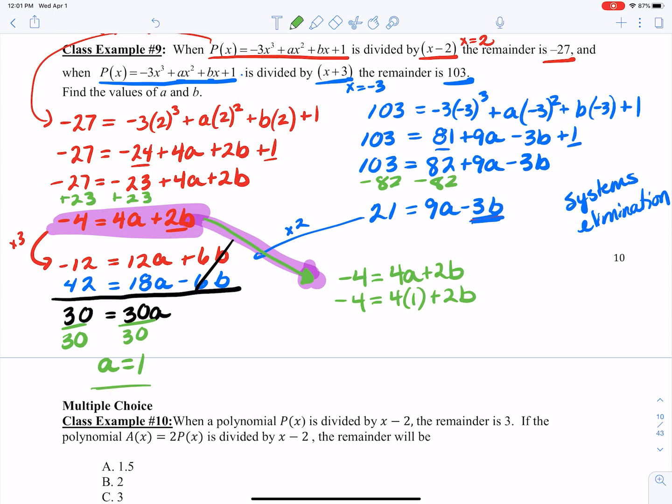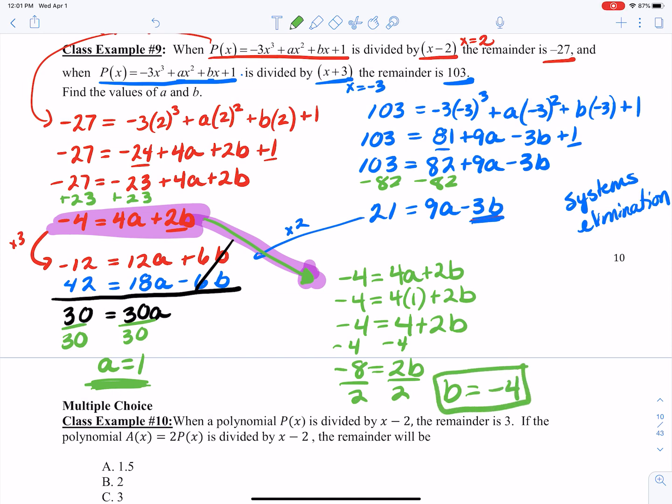Again, subbing in the 1 that's happening over here. So negative 8 is equal to 2b. Divide both sides by 2, and I end up with b is equal to negative 4. Problem solved.